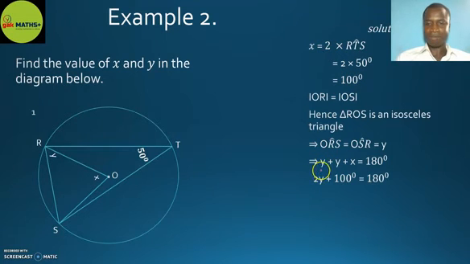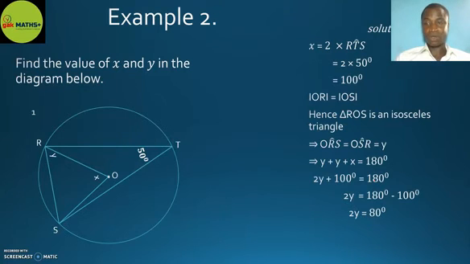So we can sum y and y to have 2y plus 100 degrees, that gives us 180 degrees. Grouping like terms, we have 2y is equal to 180 degrees minus 100 degrees. And that gives us 2y is equal to 80 degrees.